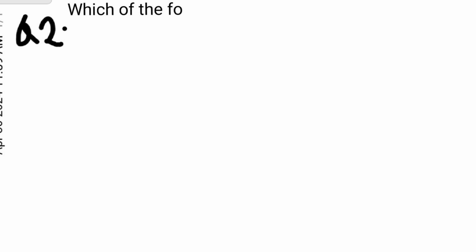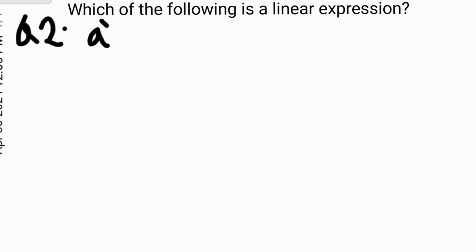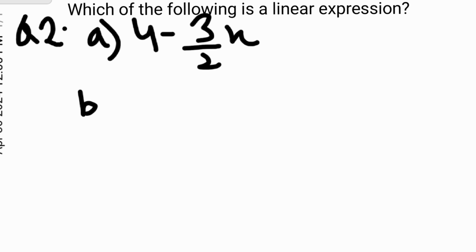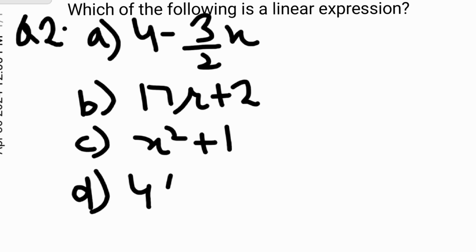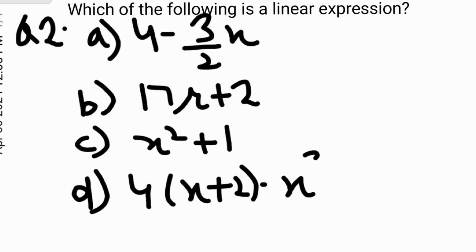Our second question is, which of the following is a linear expression? And our options are: option A, 4 minus 3 upon 2x; B, 17r plus 2; C, x square plus 1; and the last option, D, is 4 into (x plus 2) minus x cube.